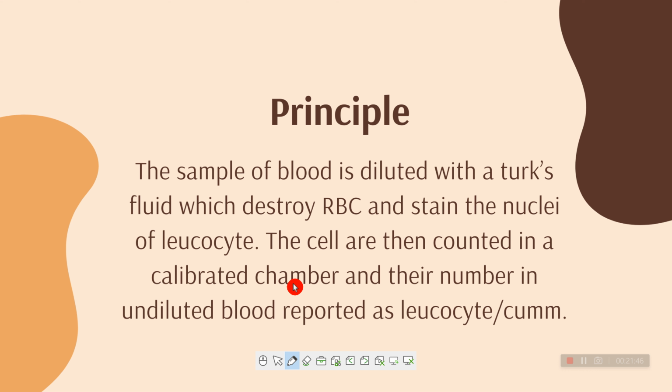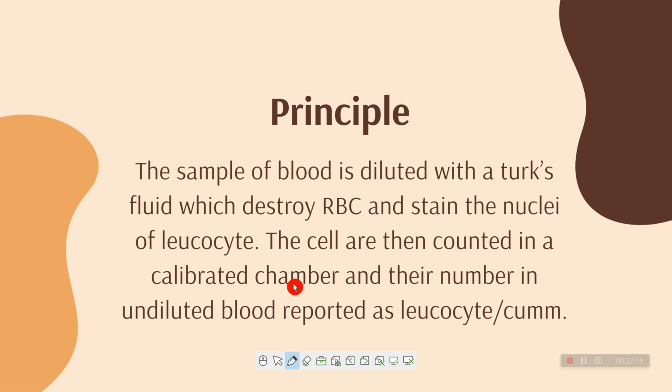In the WBC pipette there is a dilution of 1:20, whereas in the RBC pipette there is a dilution of 1:200. In the WBC pipette, the lowest mark is 0.5 and the highest mark is 11, whereas in the RBC pipette, the lowest mark is 0.5 and the highest mark is 101, which then impacts the dilution of the fluid.